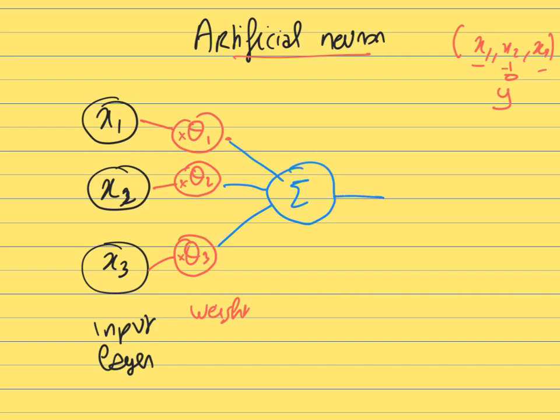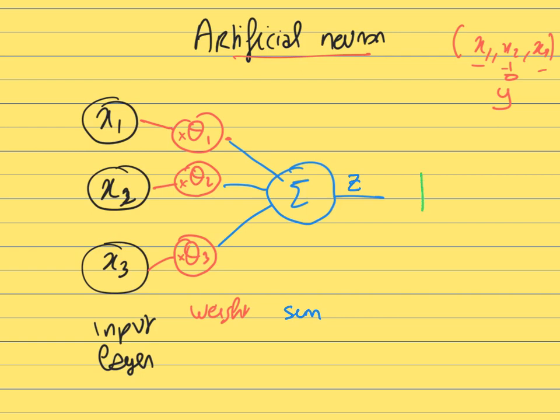So once you have created the sum of those weighted inputs, you have now a new variable z. And the last thing that the neuron is going to do is to feed this variable z into a nonlinear function that we are going to call an activation function. So it takes the sum of the weighted inputs and then it's going to feed that into an activation function.